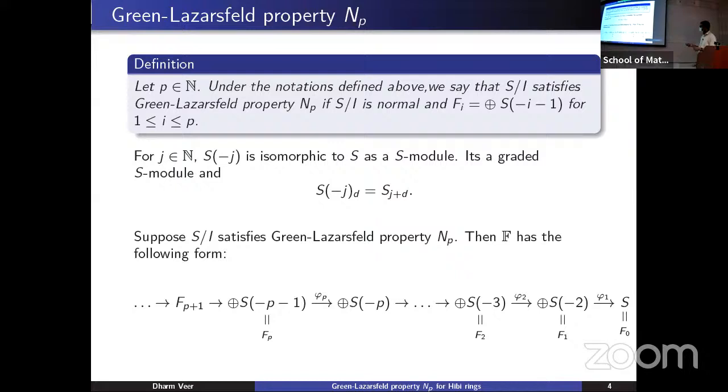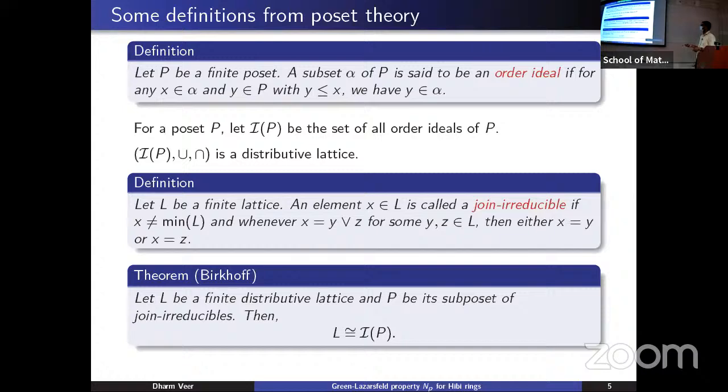Recall that the matrix T1 is a row matrix, and the entries here are the generating set of I. So we are essentially saying that the ideal I should be generated by quadrics. Plus, for p equals 2, this matrix T2 is called the presentation matrix of the ideal I. So if a ring satisfies N2 or Np for some higher p, we are saying that the ideal I should be linearly presented.